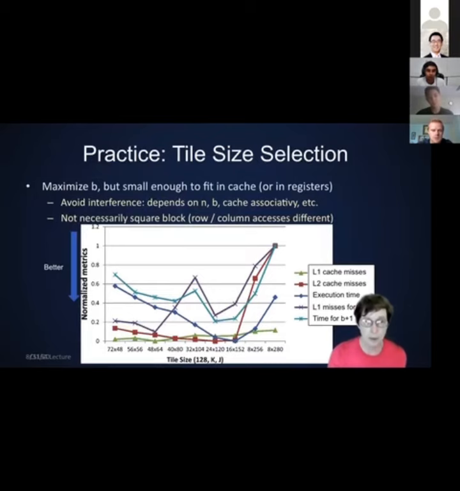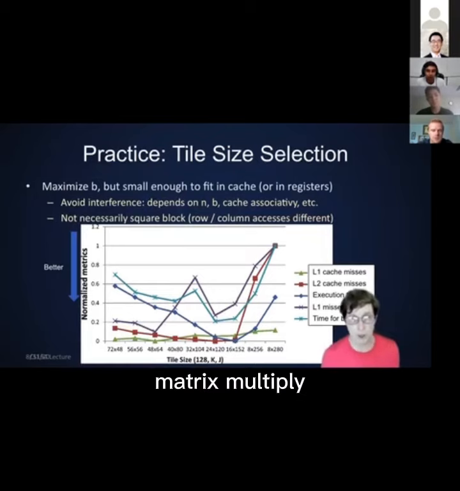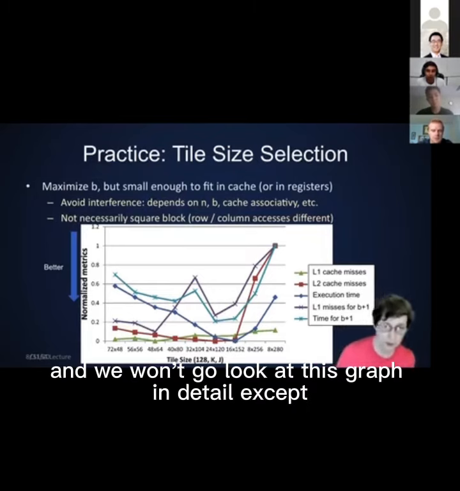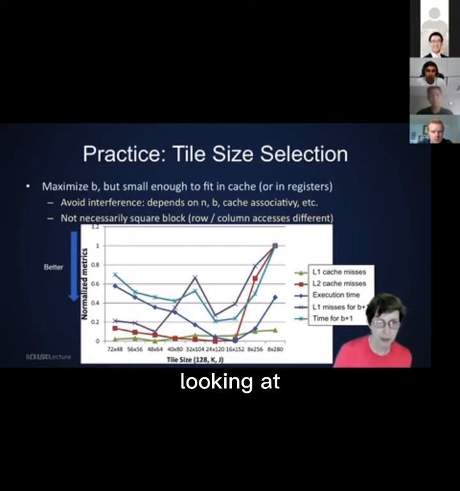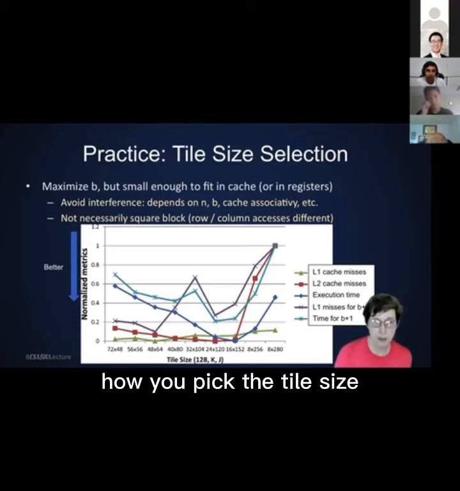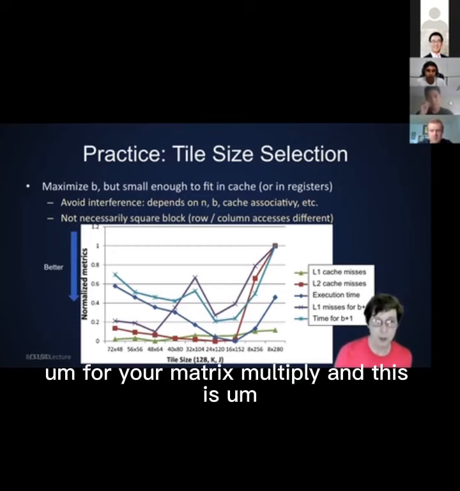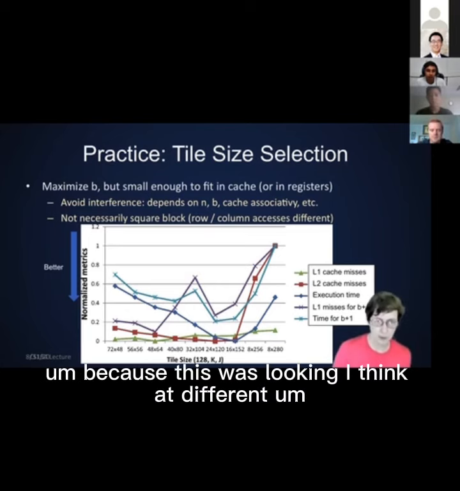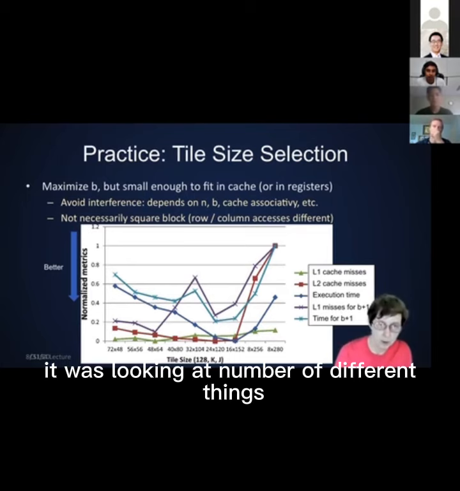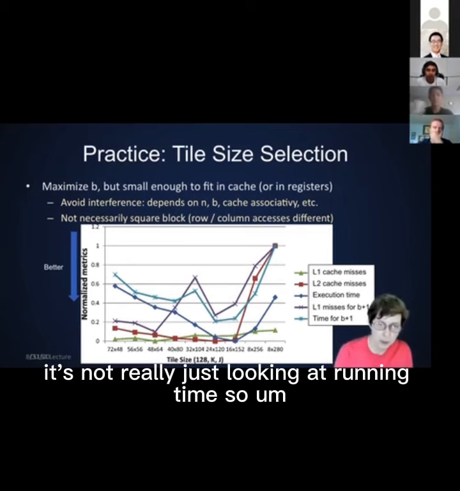Okay, now you're going to be looking at tiling matrix multiply, and we won't look at this graph in detail, except it's from a fairly recent paper looking at how you pick the tile size for your matrix multiply. And these are some normalized metrics, because this was looking at a number of different things. It's not really just looking at running time.